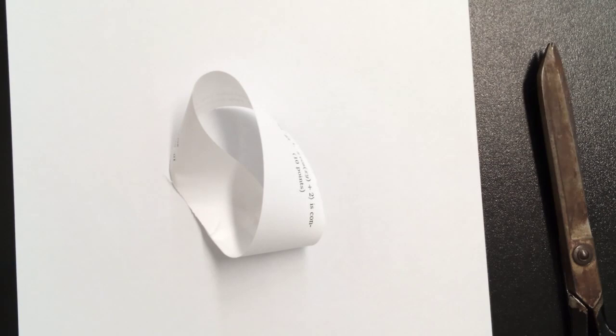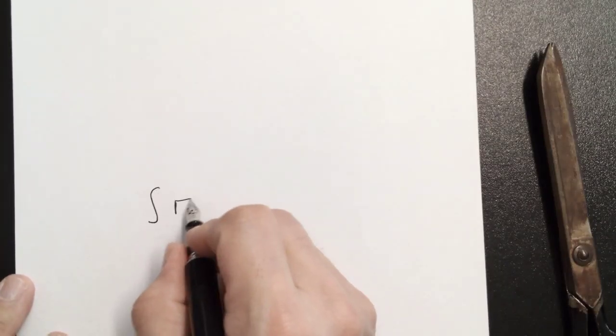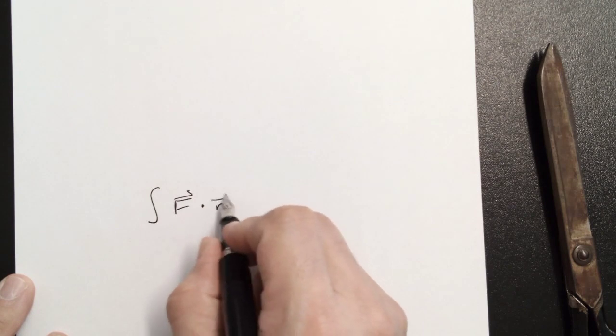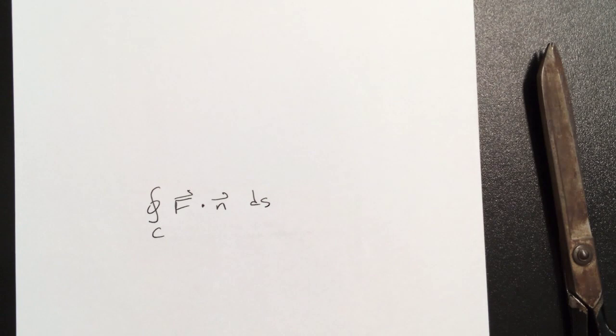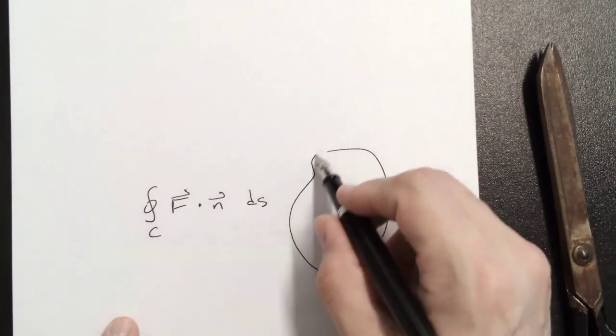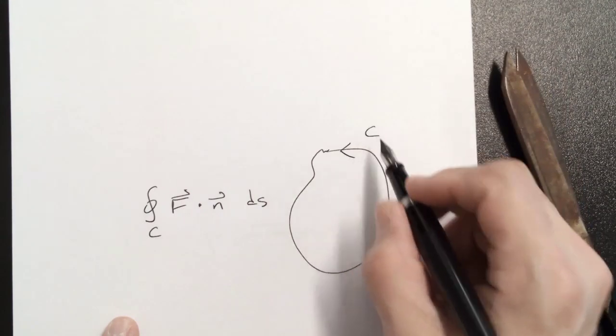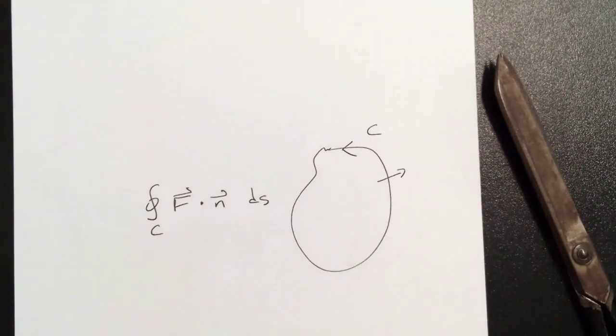We defined an idea of a vector field moving across a curve. We did an integral of F dot n ds that measured how much of my vector field went across the curve.